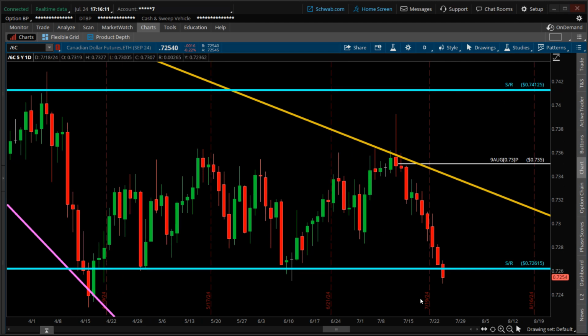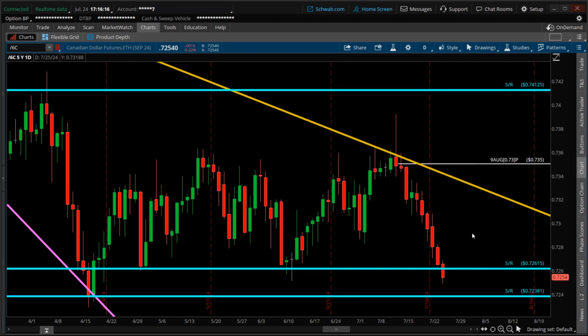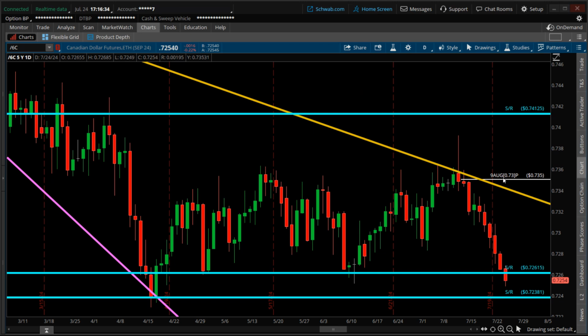The next support resistance level I have marked up is right here, 0.72381. You can see, just looking left, there is history at this price level of price finding support and bouncing. So I don't think there's that much life left in this trade, even though there's about 2 weeks left before expiration.